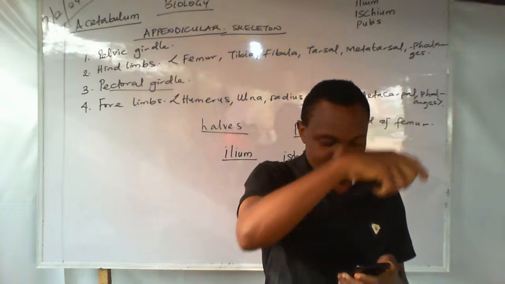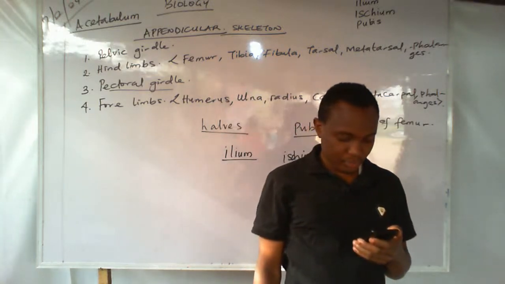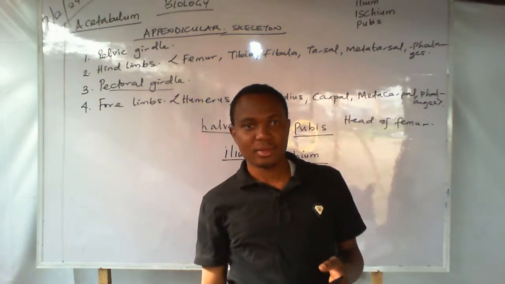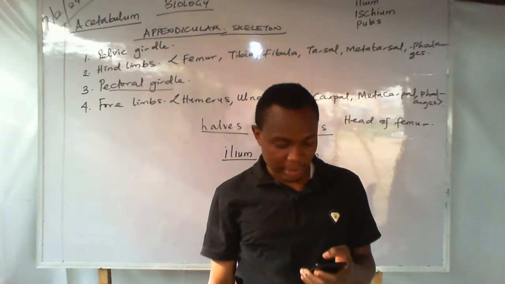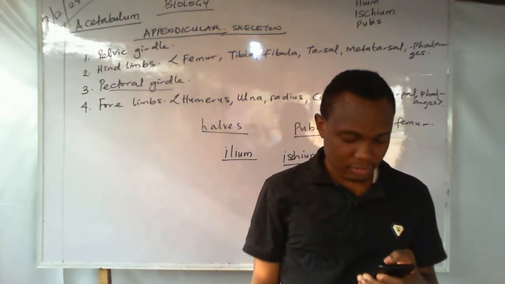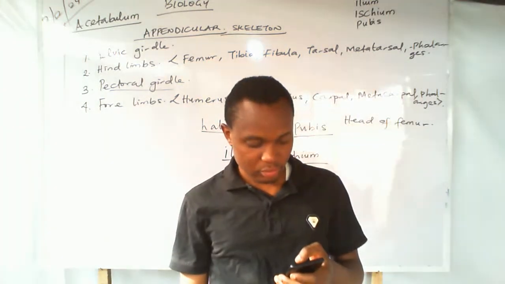The pectoral girdle. This is found around the shoulder. And it consists of two halves, which are held by muscles.